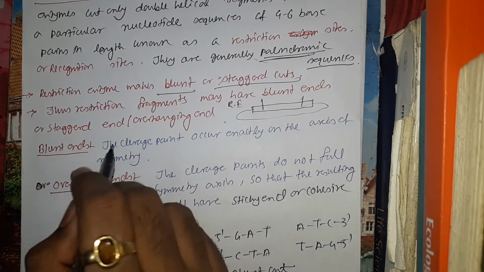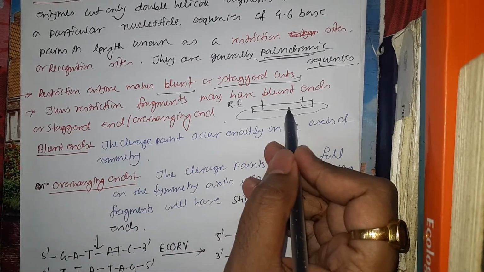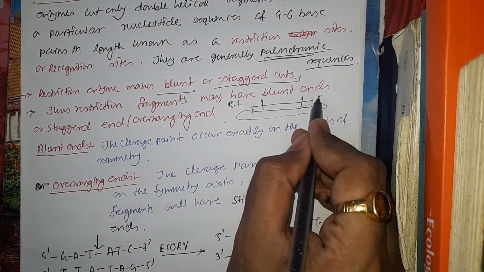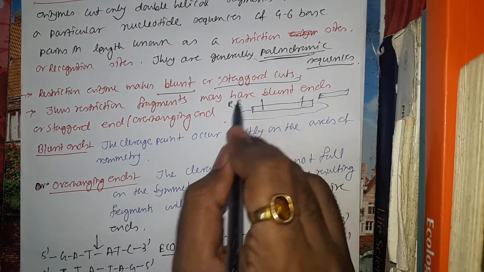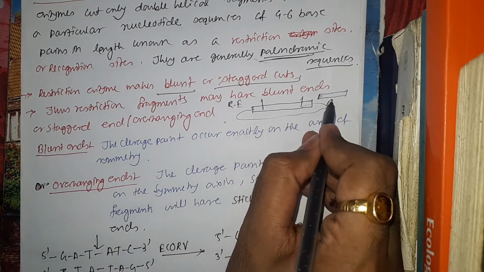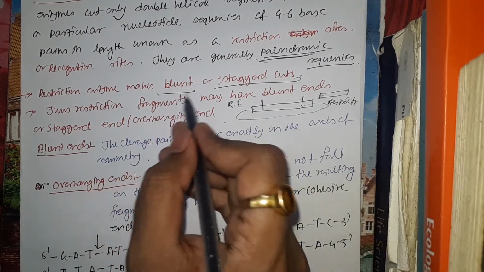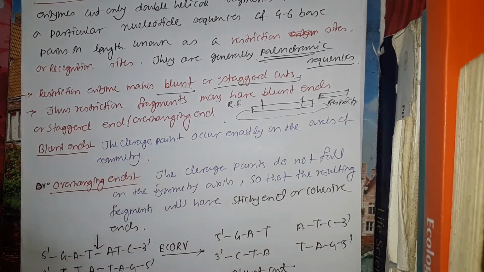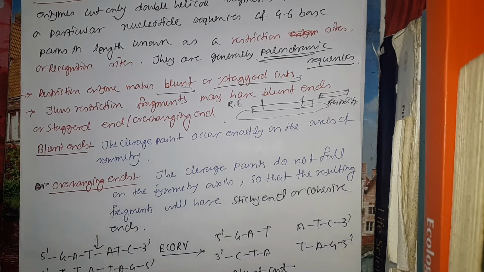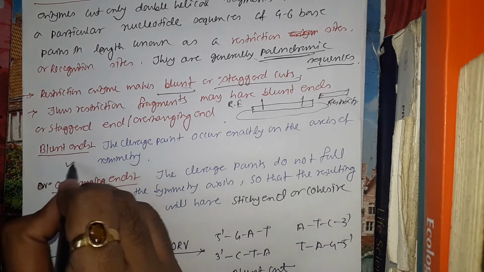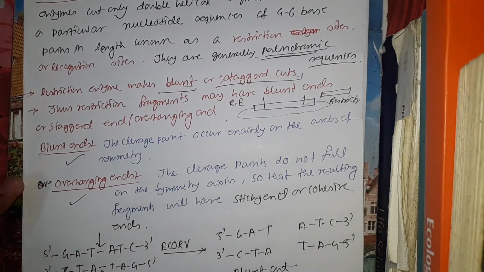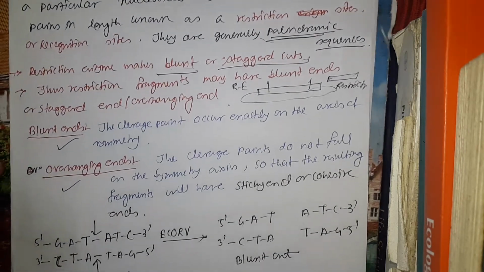On the basis of this, after cutting, the target sequences removed from the large DNA sequence are termed restriction fragments, and on the basis of the type of cut given by the restriction enzyme, there are two ends. One is a blunt end, another one is an overhanging end. What those are, we are going to talk about.